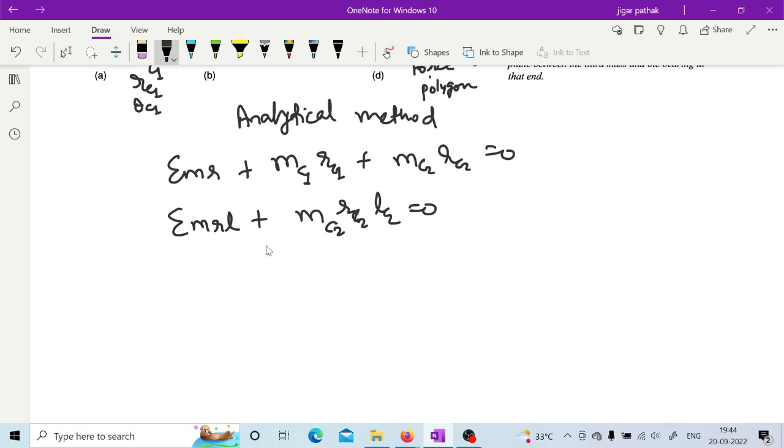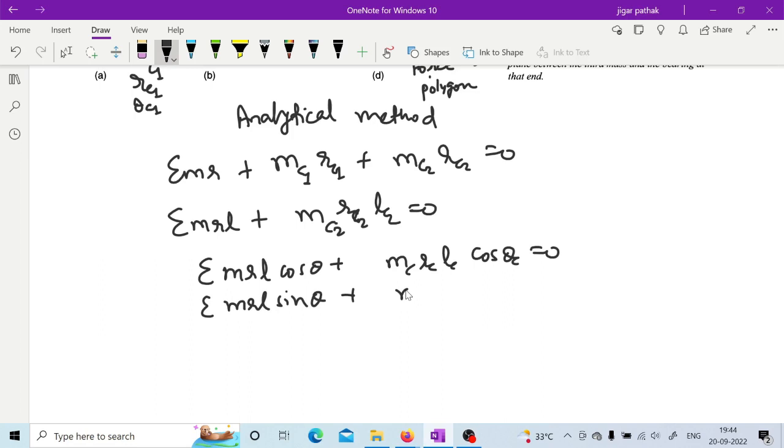And once you have this, then again you can go for that sigma mrl cos theta plus MC RC LC cos theta C equals to 0. Similarly, sigma mrl sin theta plus MC RC LC sin theta C equals to 0. So from this again you can calculate that MC RC LC.